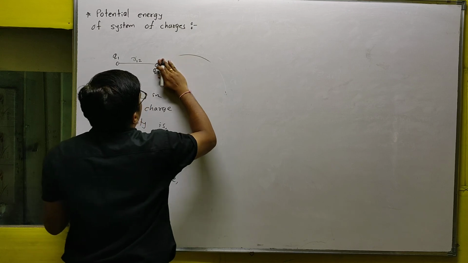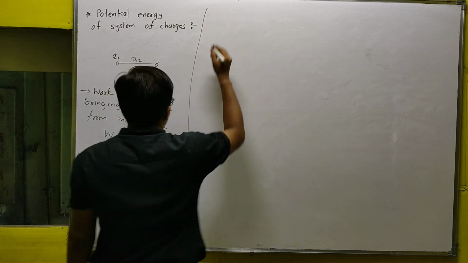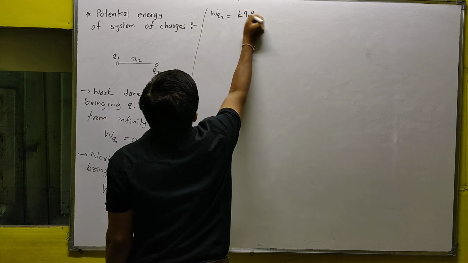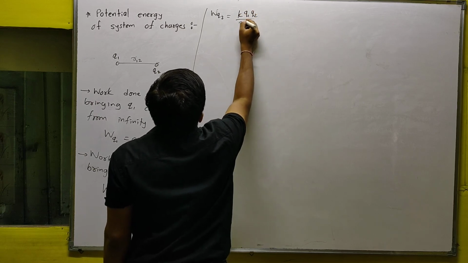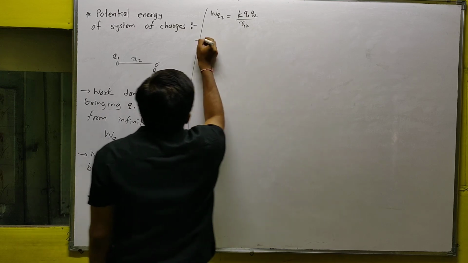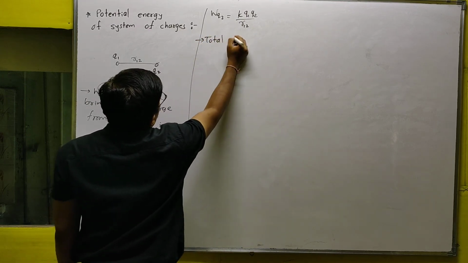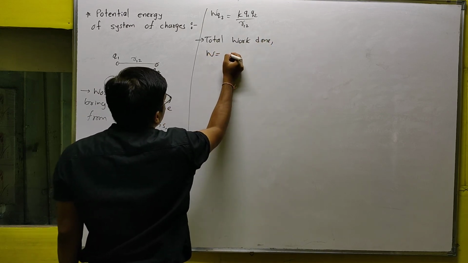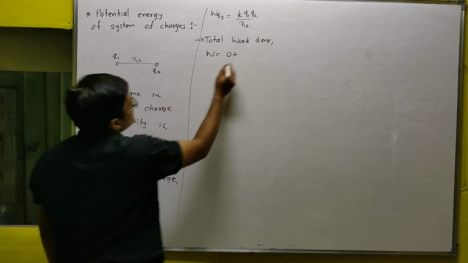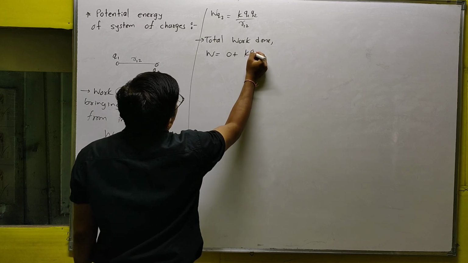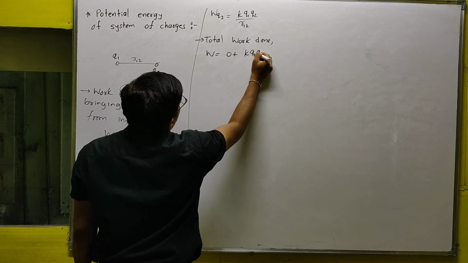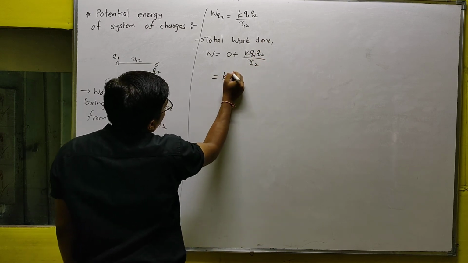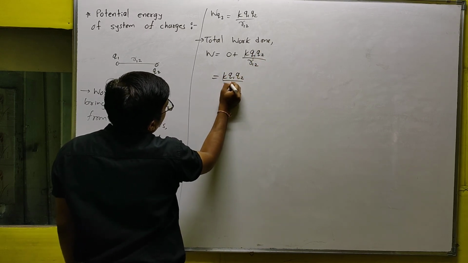So work done in bringing q2 charge is k q1 q2 divided by r12. The total work done to bring both charges is the summation of both: 0 plus k q1 q2 by r12.